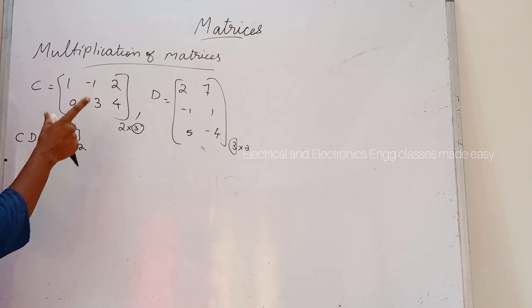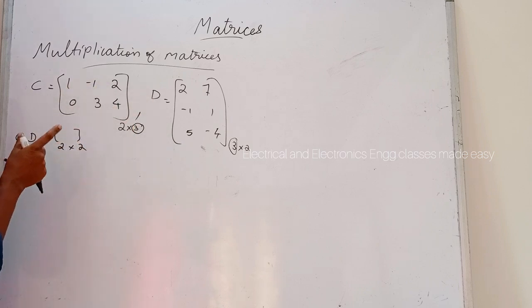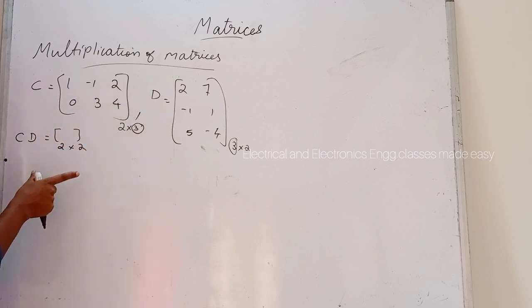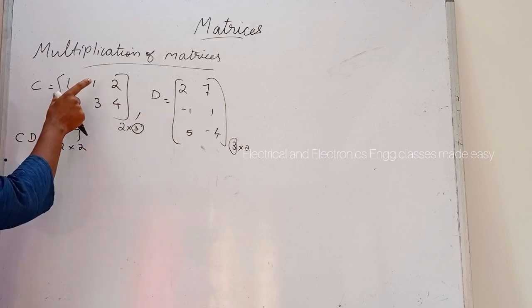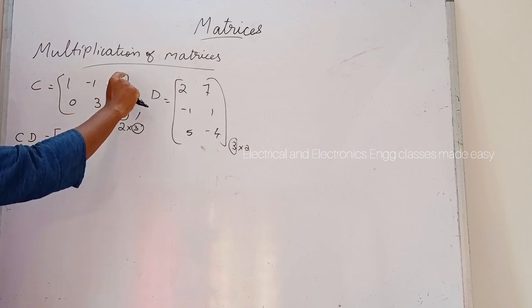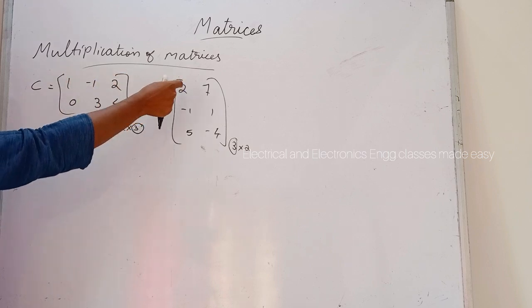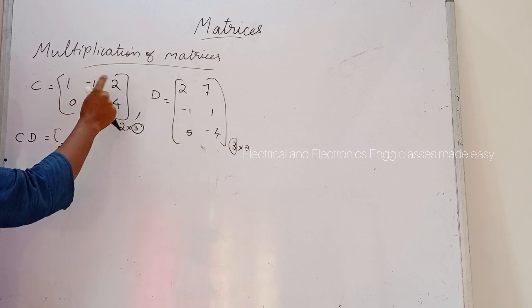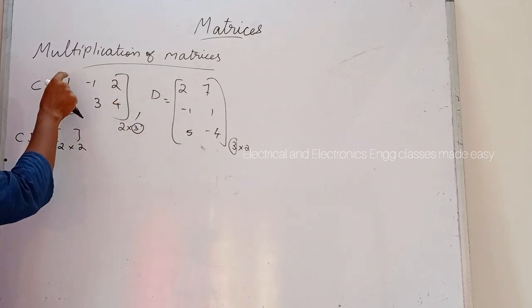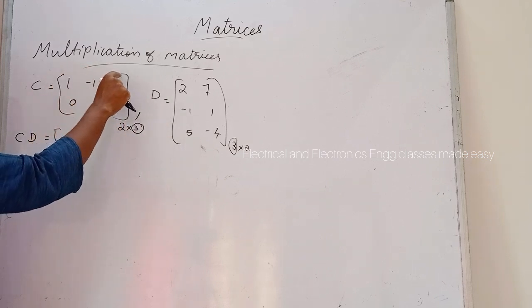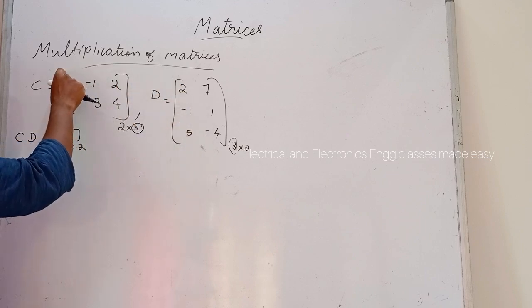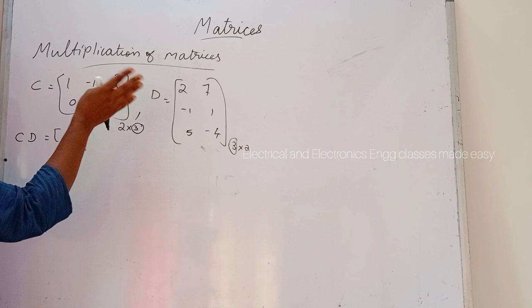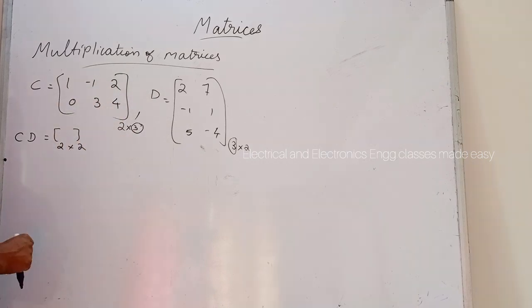Now how will you multiply these two matrices? To multiply these two matrices, we have to multiply the first row elements with the first column elements and add, that is, multiply corresponding elements of the rows and columns and add.